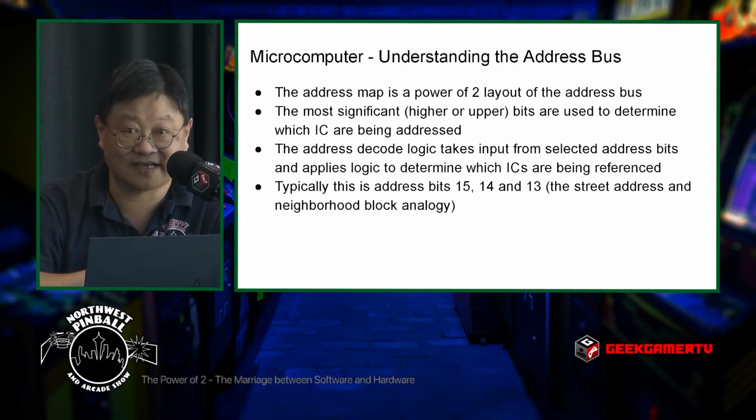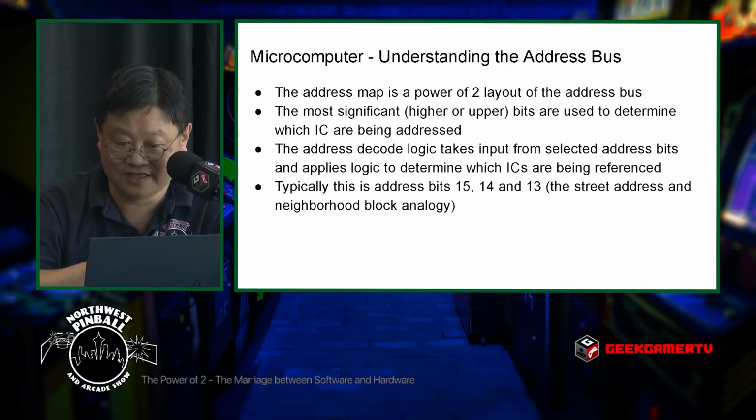The granularity to which you go will dictate how many bits you need to look at. In the address world, often a select number of bits will be used to address the chip itself, and the other bits will be used to determine whether the chip is actually selected, the chip select side.